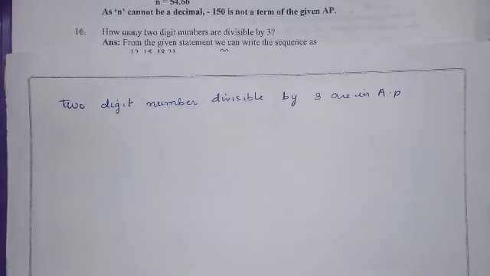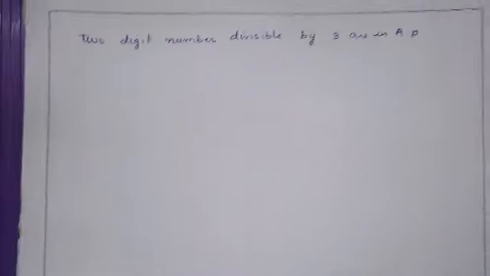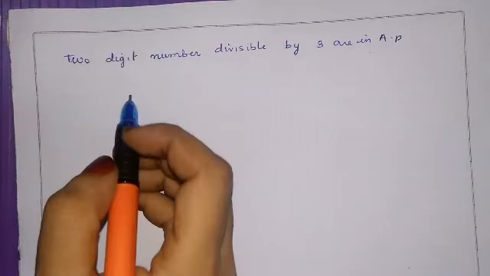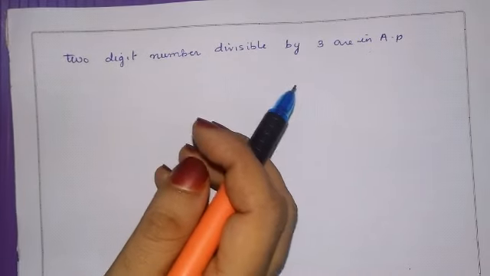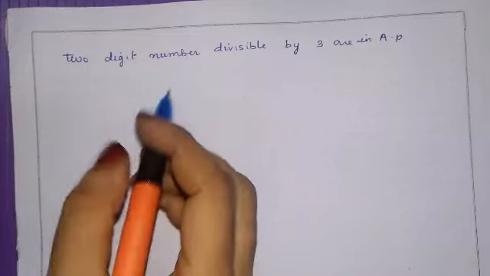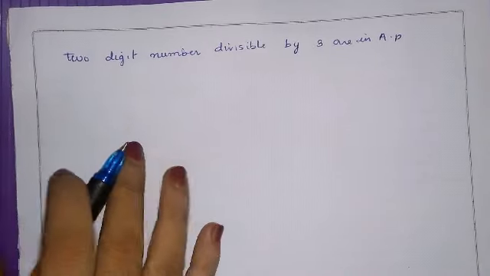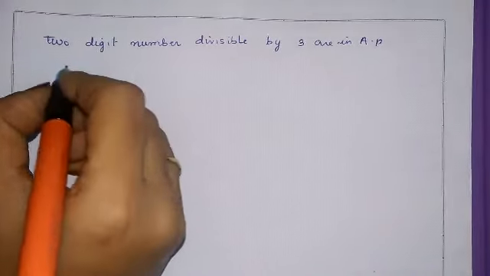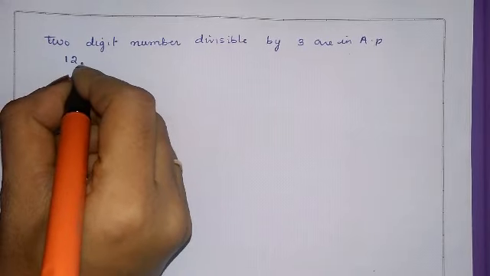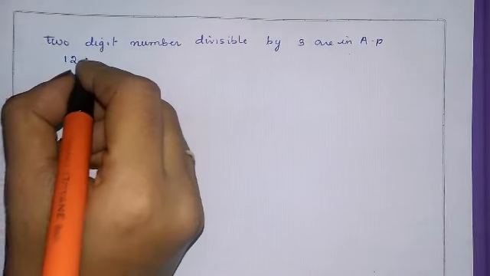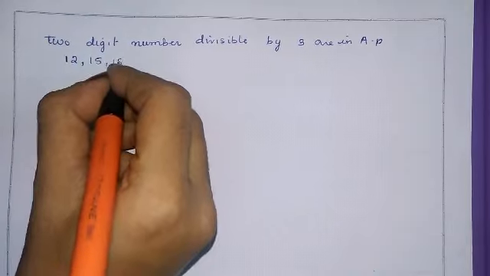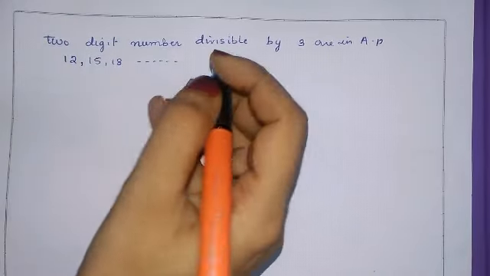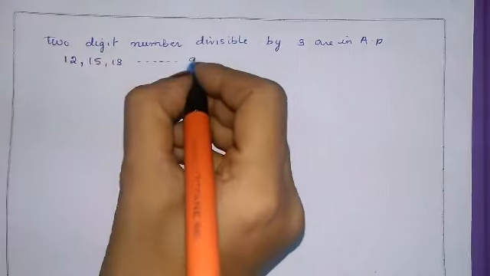Divisible by 3 is like 3, 6, 9, but we want two-digit numbers. So they start from 12, then 15, 18, and so on, and the last two-digit number is 99.